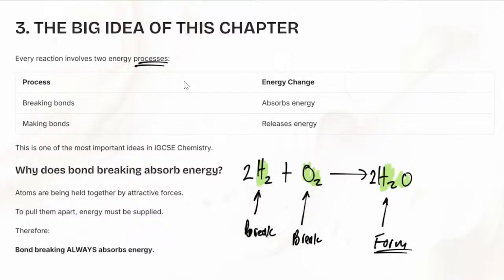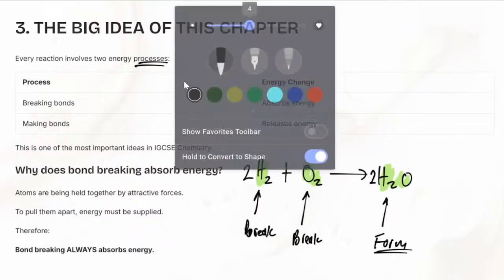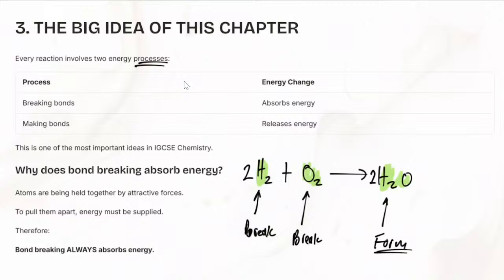Now, when we want to find out, what we will feel or see is the overall effect. But you are chemists now, you are smart. You know that you will see the overall effect to say whether this is exothermic or endothermic. But in reality, two things are happening: there is breaking first, and forming second.